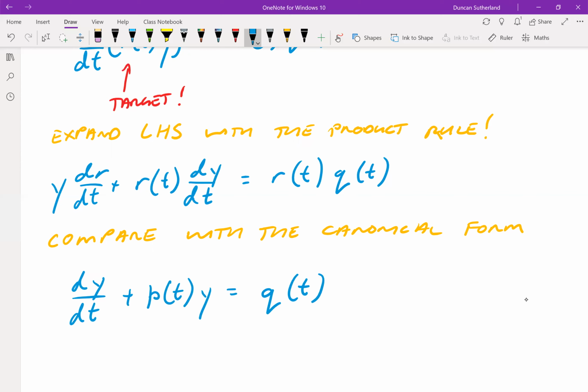Now, we know that we want this to look like where we started. So if we want to get these r's in place, that one and that one, we can multiply this equation by r.